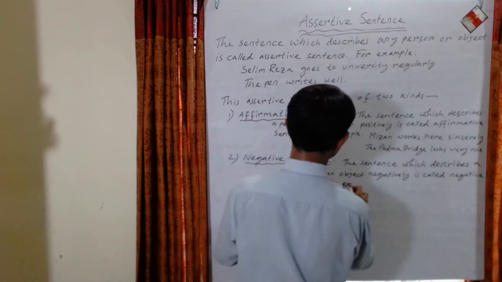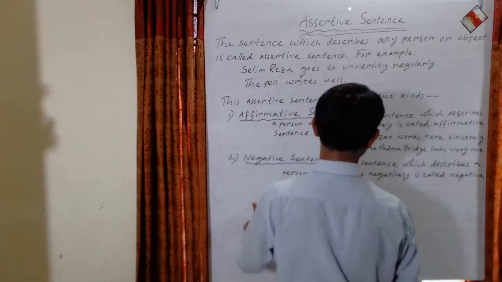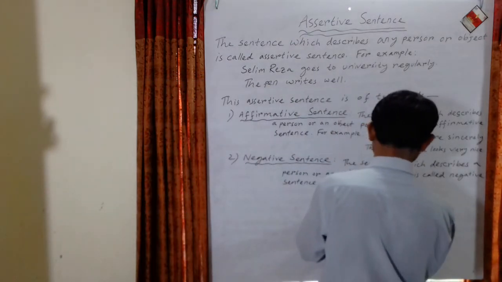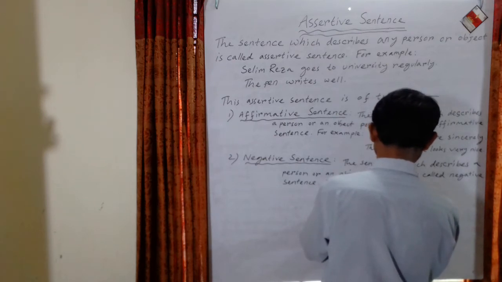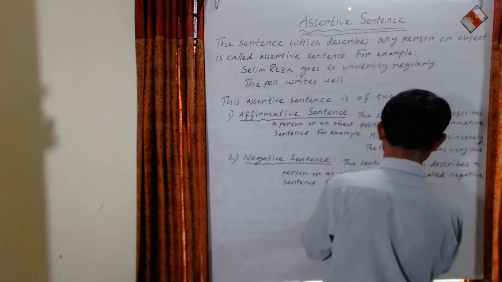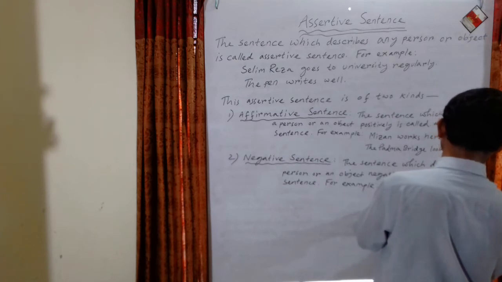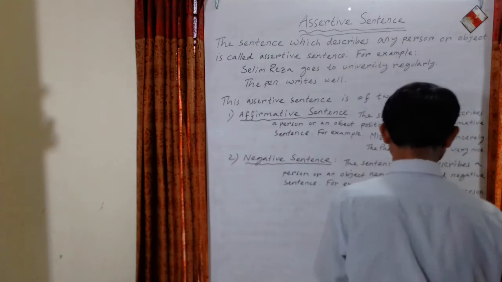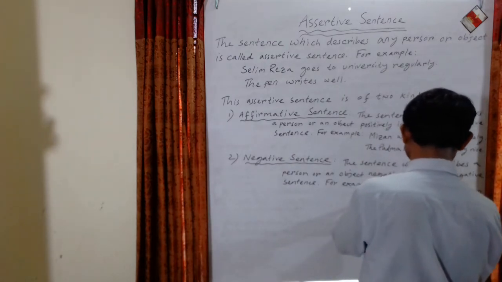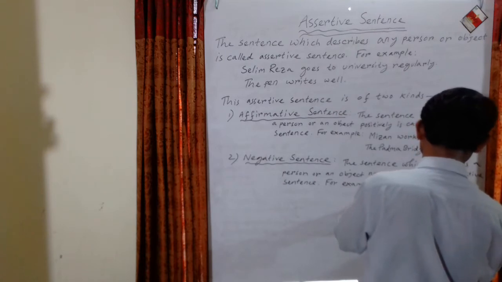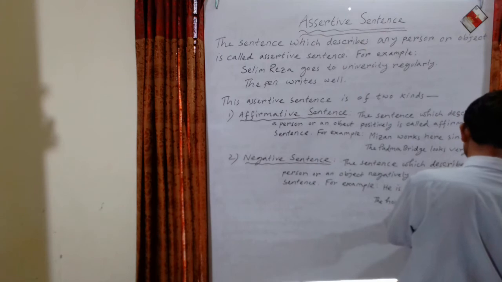For example, he is not an active person. The house does not look attractive.